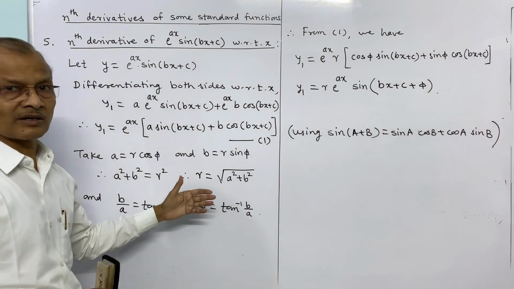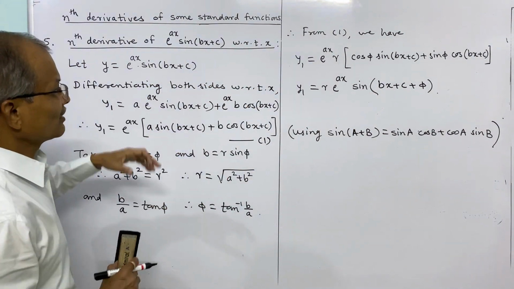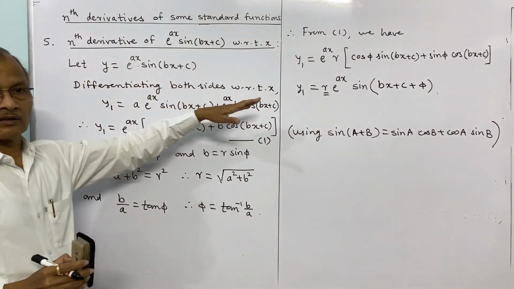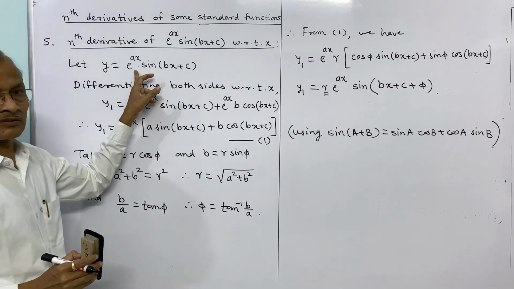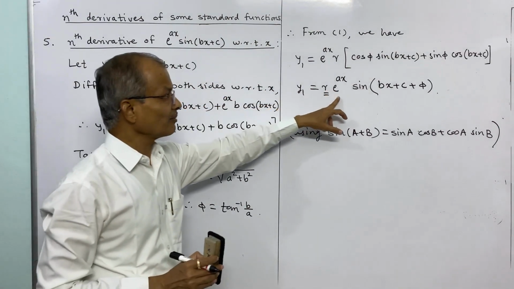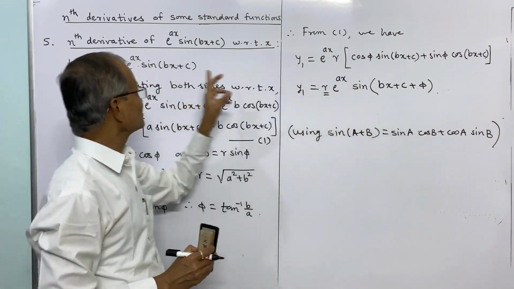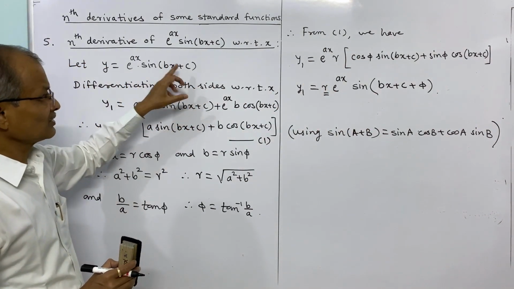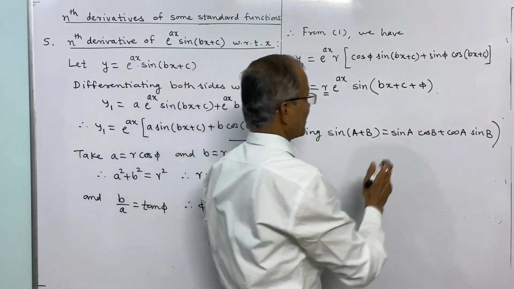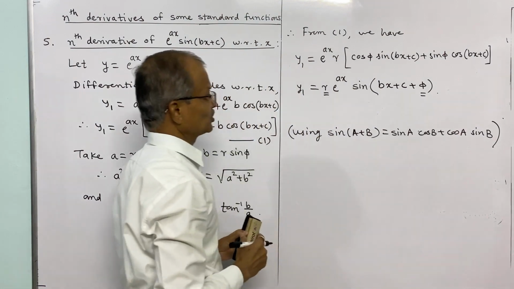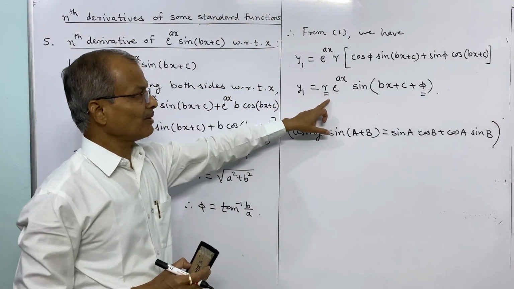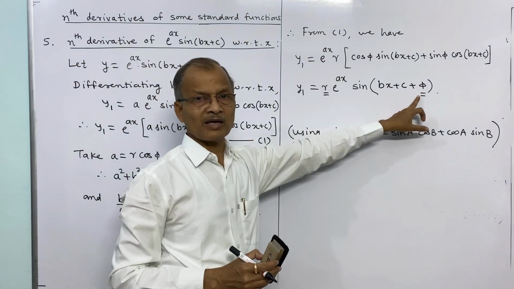Once we differentiate, the function gets multiplied by r, and the exponential function, the sine function, and bx plus c remain the same, but the angle is increased by phi. That means one time differentiation results in y multiplied by r and the angle increased by phi.